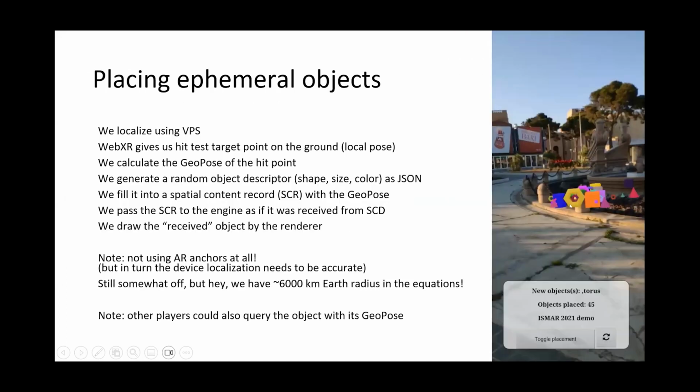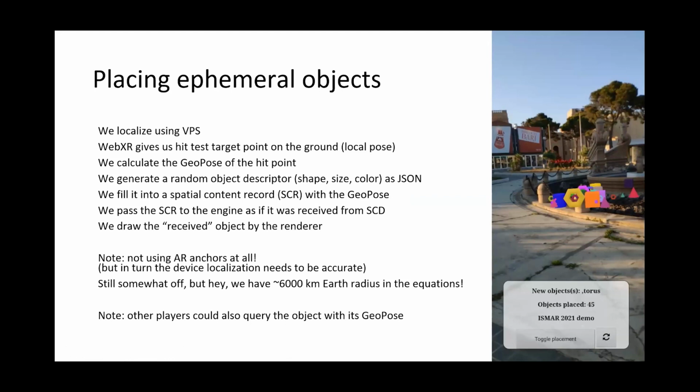Then I mentioned these primitive random objects. What is interesting in this demo is that the AR WebXR can already tell us a simple hit point with the ground. So it shoots a ray from the camera to the ground. It senses how far the ground is, and it can give us in WebXR coordinate system a hit point on the ground.